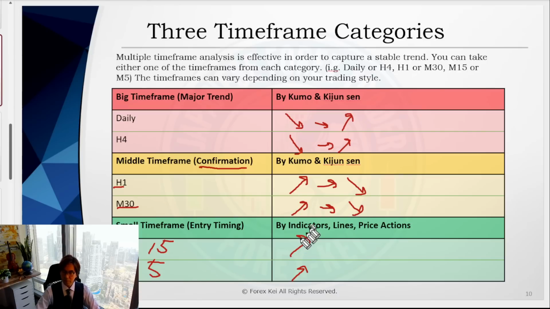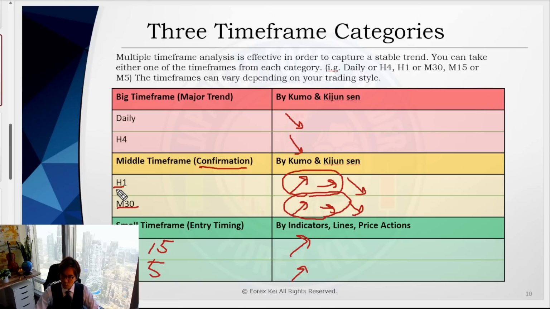If you still see the 1 hour flat or up, or the 30 flat or up, while downtrending based on the daily or 4 hour, then you never take entries, because eventually the H4 and daily may go flat and then go up. And usually traders lose in these situations.